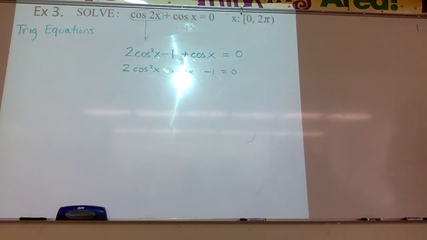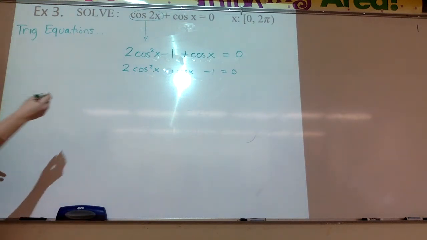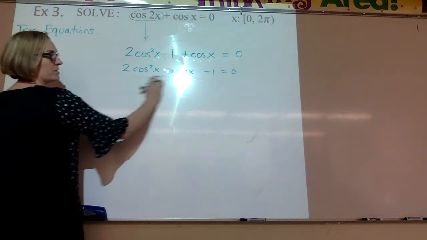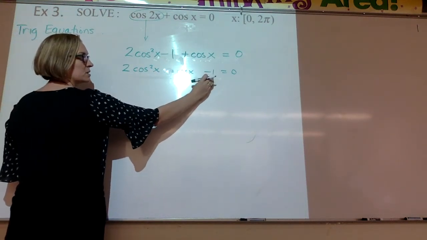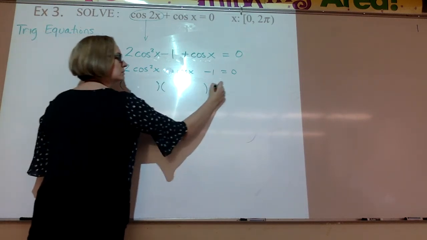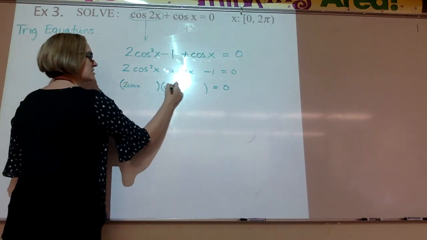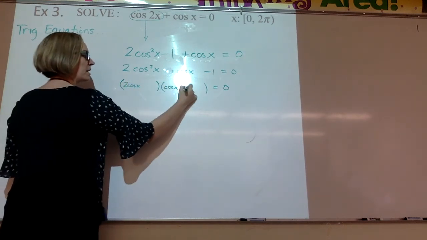Right, and then from there, what do I do? If I'm solving the trig equation, it's quadratic, cosine squared, cosine in number form, factor. This is on your final.